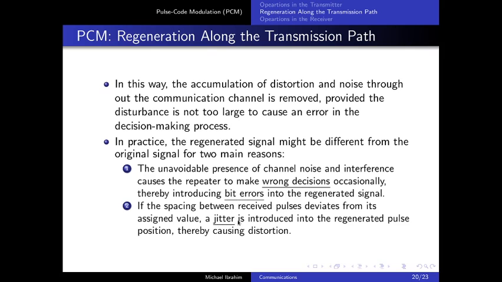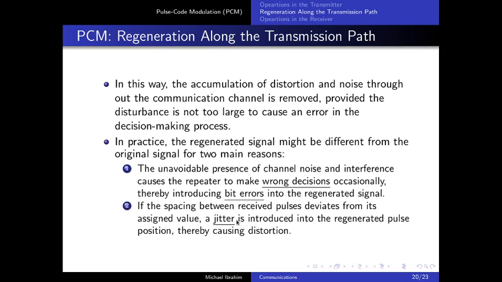It's kind of a new term for us. Let's try to see what this word means. If the spacing between the received pulses deviates from its original value, so we have received samples. If the position of these samples or pulses deviates from its original position, we have a phenomenon that's called jitter.